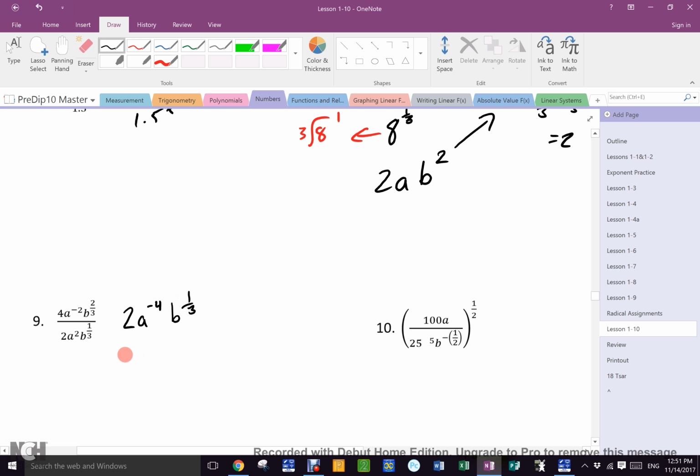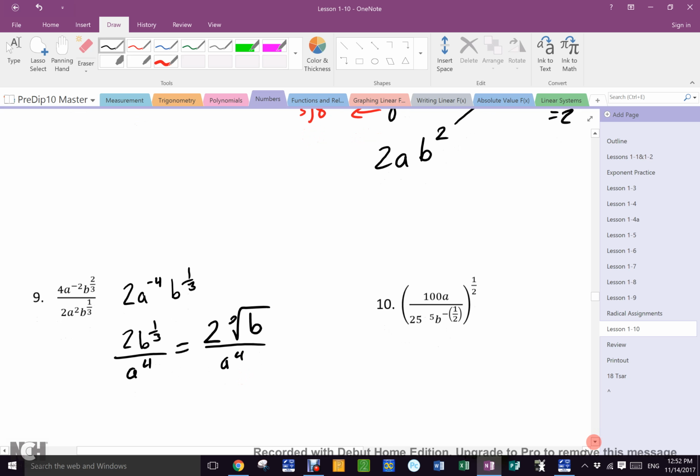No. Fix it. 2b^(1/3) over... Is that okay? Yeah. What if I ask for radical form? Is that okay? No. What is it in radical form? 2 cube root of b. The power of 1, we don't write 1.